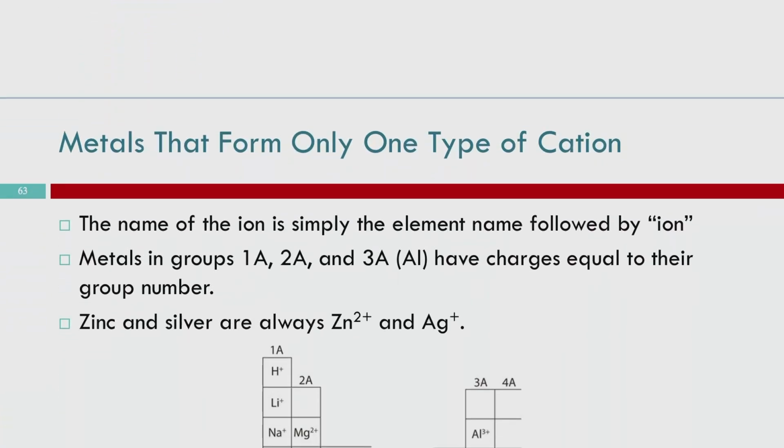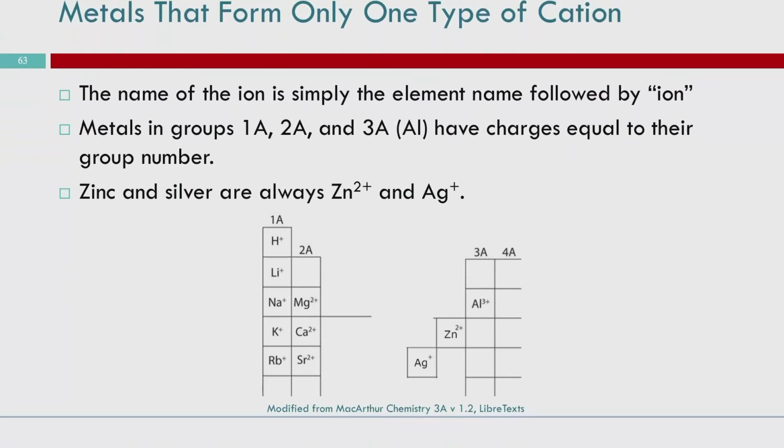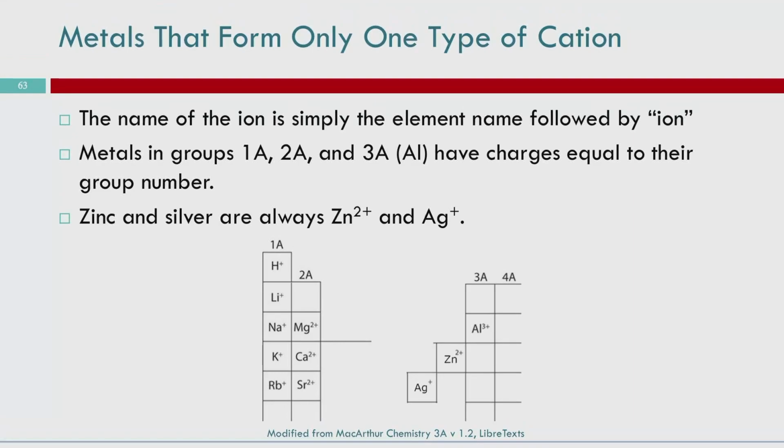And for the ones that have only 1 type of cation, here's the little relevant sections of our periodic table. That's our 1A, 2A, 3A aluminum, and stepping down to zinc and silver. When we are naming these, we call the ion the element name followed by ion.